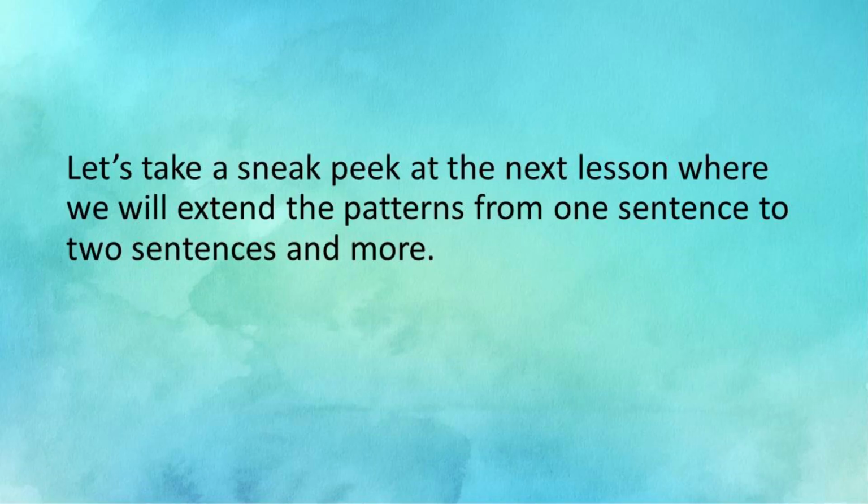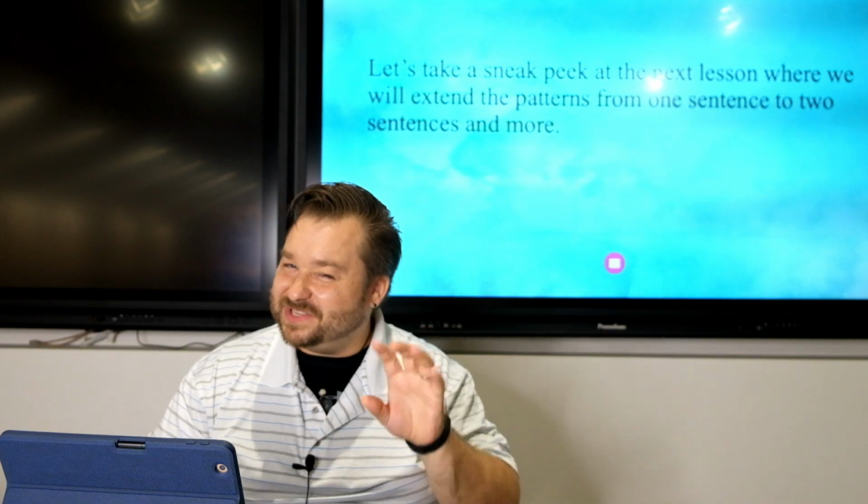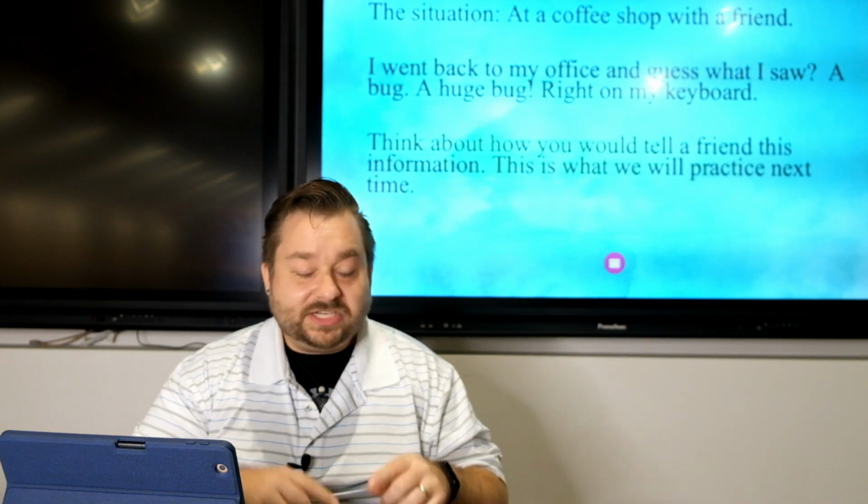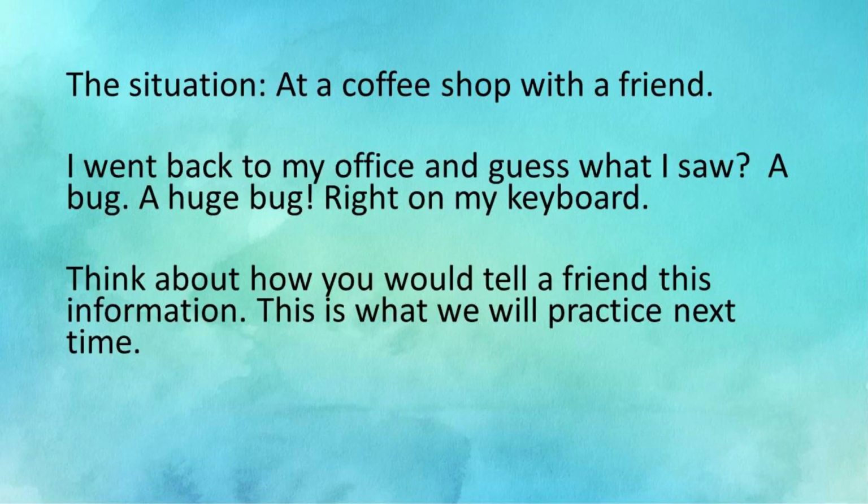Now, let's take a sneak peek at the next lesson, where we will extend these patterns into multiple sentences, more than one sentence. The situation: you are at a coffee shop with a friend. Here's what you say. I went back to my office and guess what I saw?